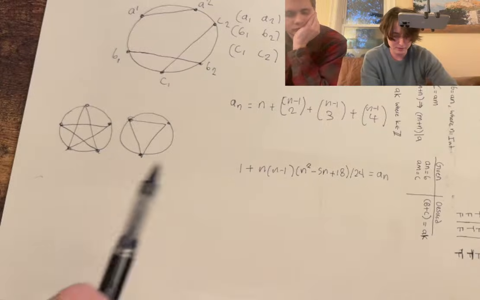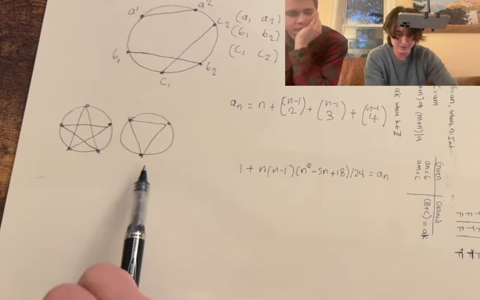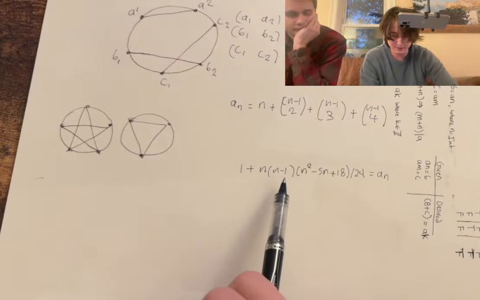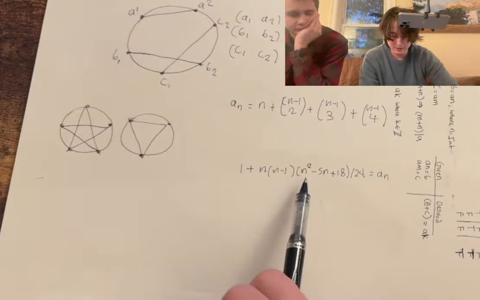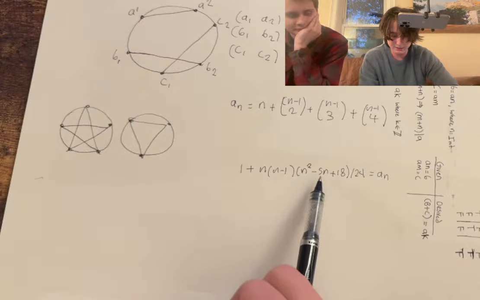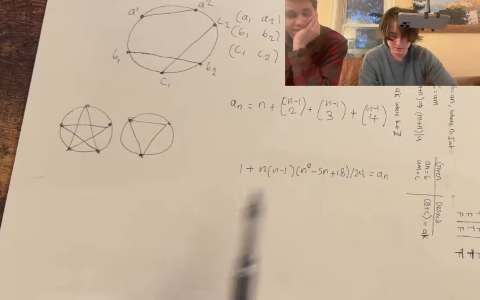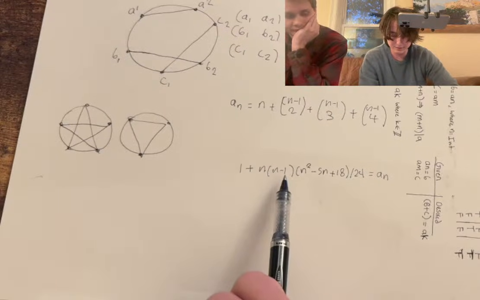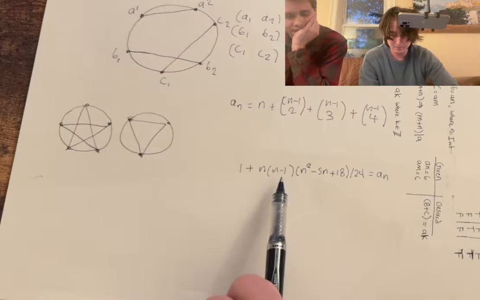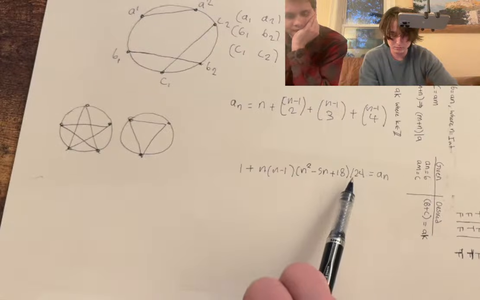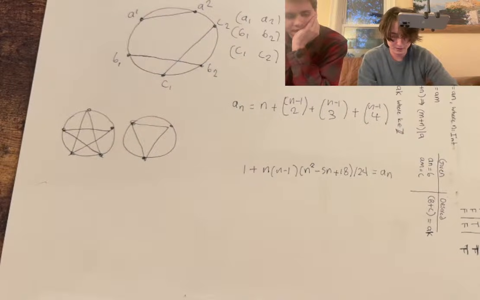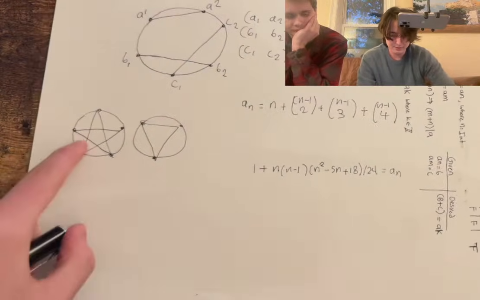Just to verify, to plug and chug, if we try this for 3, we're going to get 3 times 2, which is 6. And then inside here, we're going to get 9 minus 15 plus 18. So that's 3 plus 9, which is 12. So we've got 12 times 6 over 24, which is going to cancel down to 3, I think. And then this, I'll buy it.